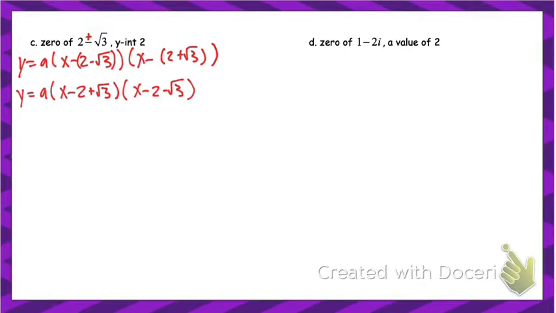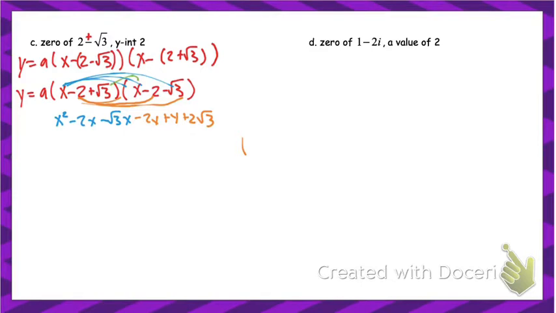Now if I want to write this in standard form, I actually need to FOIL this out. To multiply this whole thing out, we'll start by doing x times x, minus 2x, minus root 3 x. Then we'll go to the middle one, minus 2x plus 4 plus 2 root 3. Then we'll go to the last one.